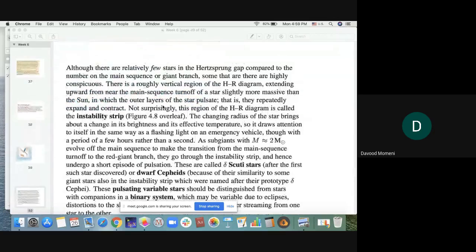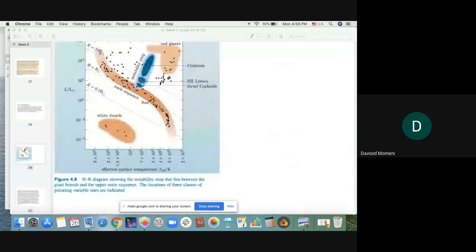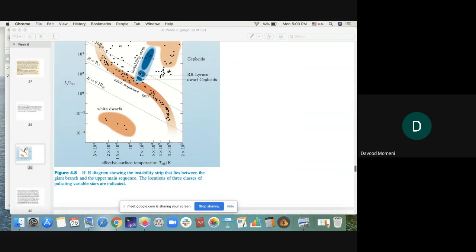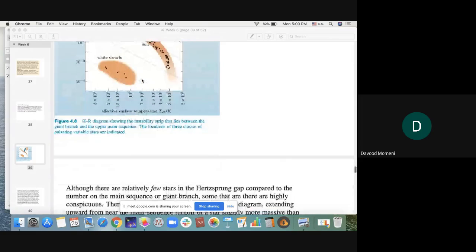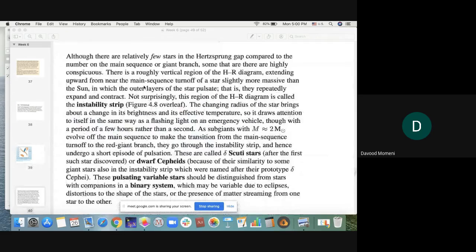And as I told you, this is a transitive regime. There is a regime of the star where they are unstable because they don't know what to do. In the subgiant phase there is instability, and the stars living there are trapped in the instability strip.